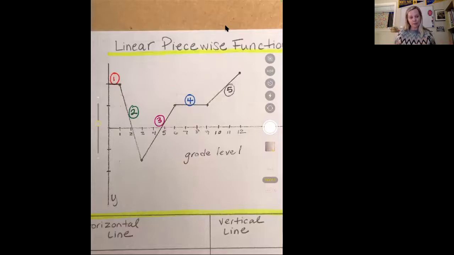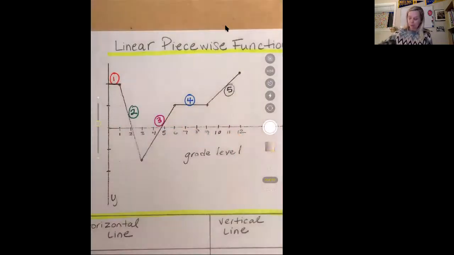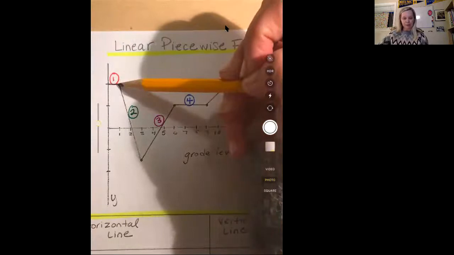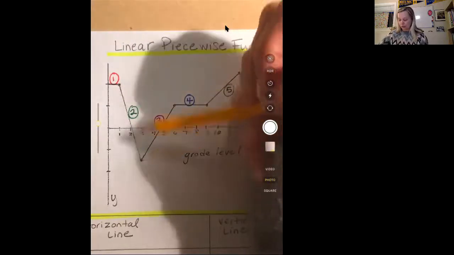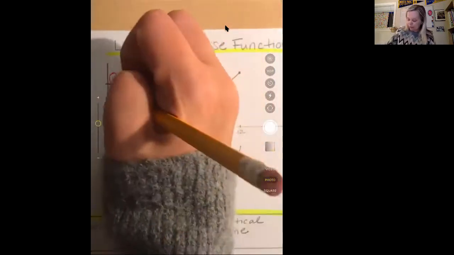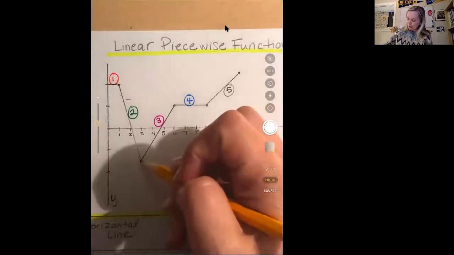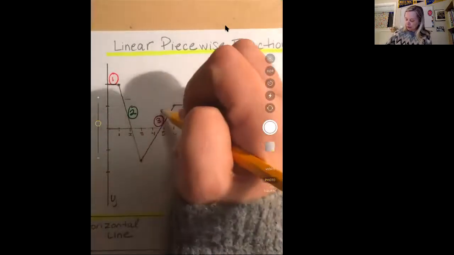So if you think about reading a line from left to right, you can also tell things like its slope. For example, in section 2, if you read that line from left to right, it's going down. So we have a negative slope here. In fact, I'm gonna write a little negative sign there. And then once I'm here and I go from left to right, I'm going up.